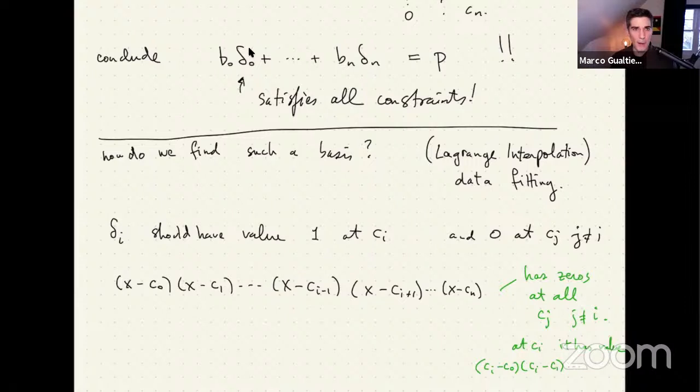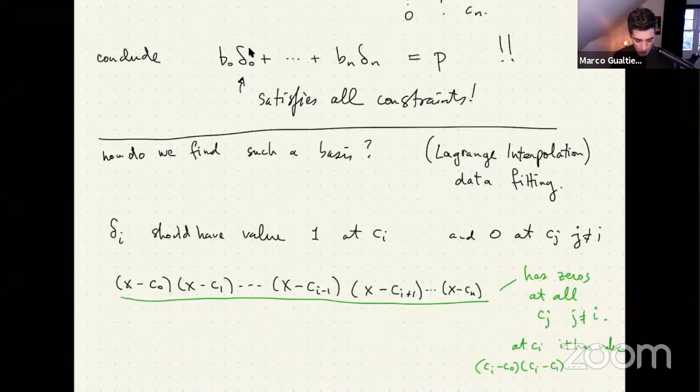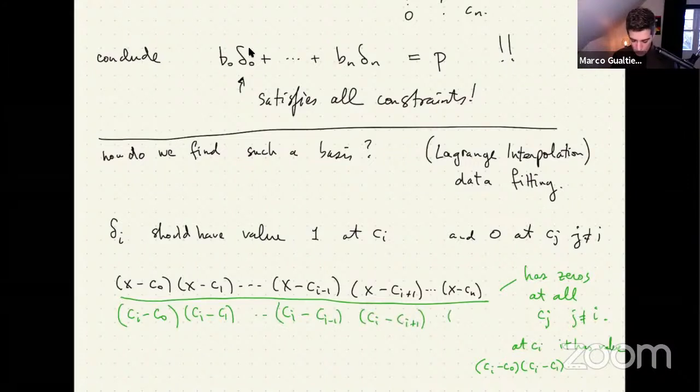So I just divide by that value. So I divide this polynomial by a number: Ci minus C0, Ci minus C1, Ci minus Ci minus 1, Ci minus Ci plus 1, up to Ci minus Cn. And that guarantees that delta i has the property we want.